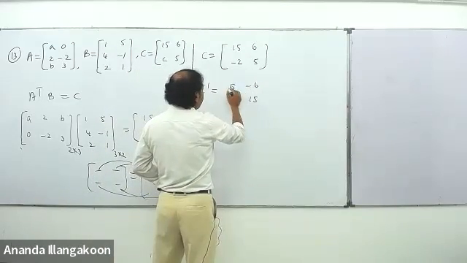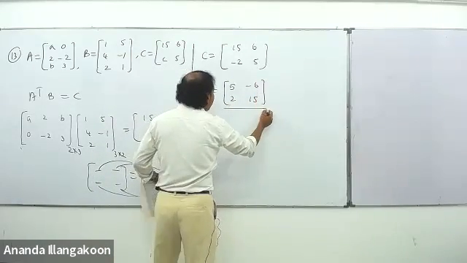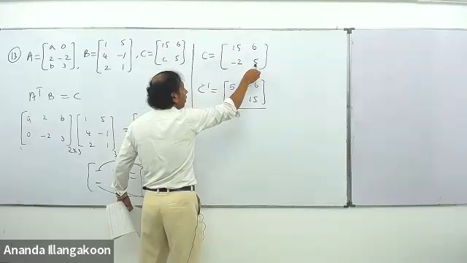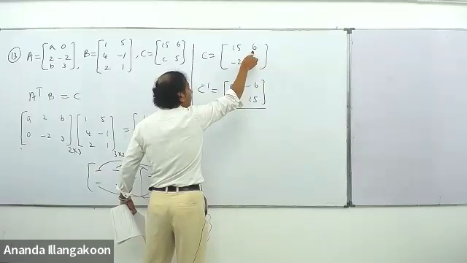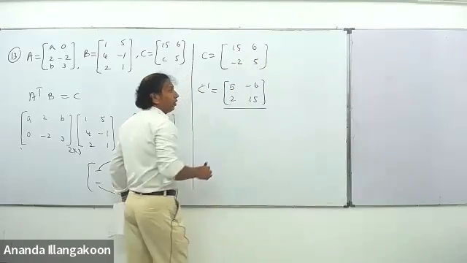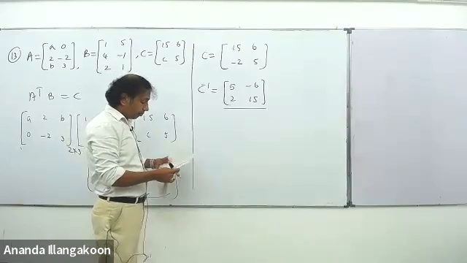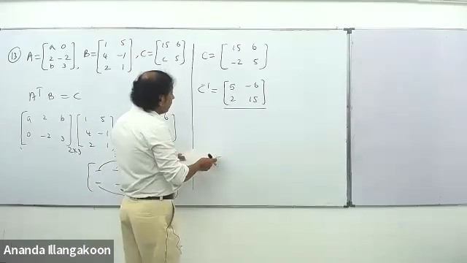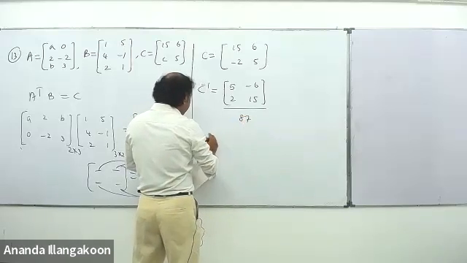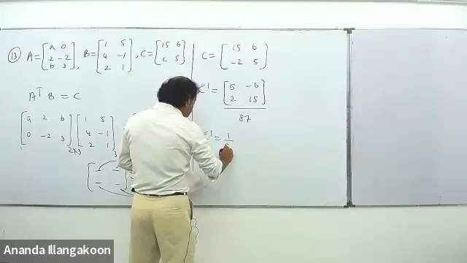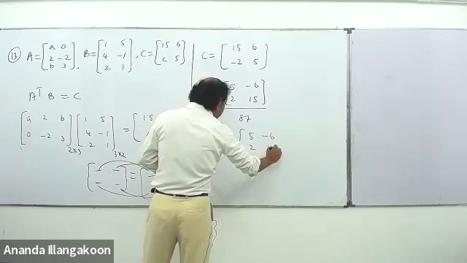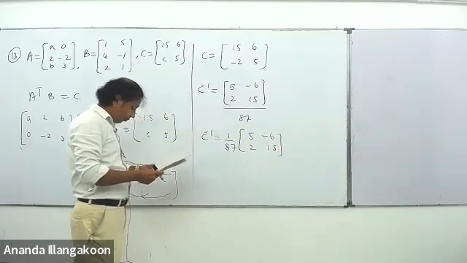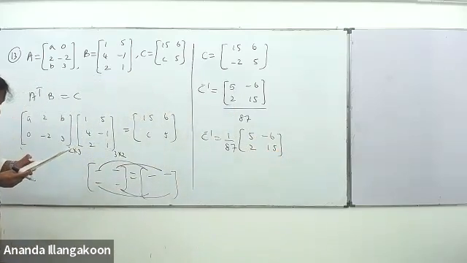This is divided by the determinant: 15 into 5, 75, minus minus 12, 75 plus 12, 87 coming. Then C inverse is 1 over 87 times [5, minus 6, 2, 15]. Right, that is C inverse.